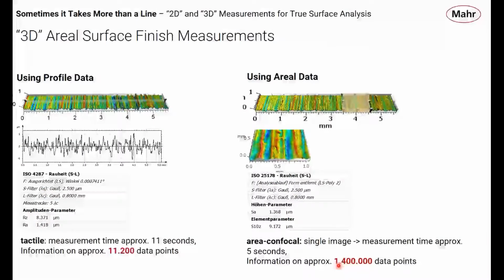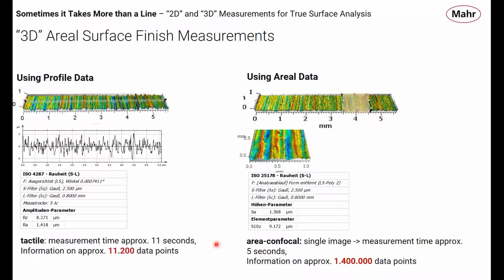The final point, this is a big slide, but really the only thing we're interested in is down here at the bottom. We're comparing tactile measurement data to optical or 3D, so 2D data to 3D data. Basically put, when you're doing a single profile trace with something like a PS10, measurement time is about 11 seconds, and you're getting, somebody did the calculation, 11,200 data points in a typical trace.